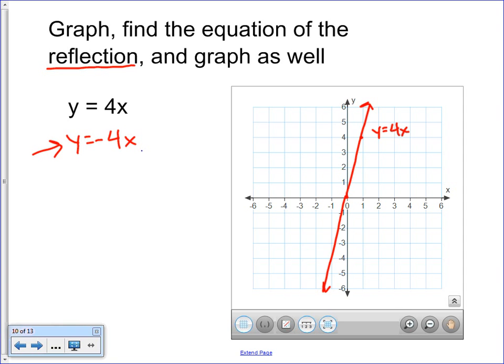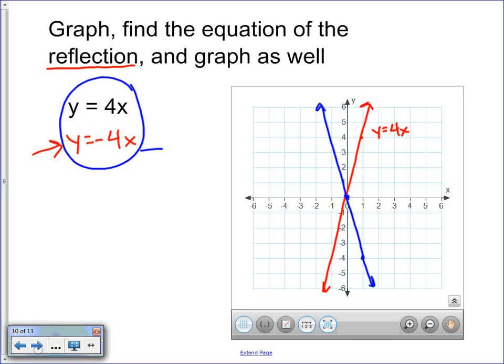Let's graph that one. Again, it has a y-intercept of 0. For a slope of negative 4, I'm going to go down 4 over 1. Just like that. And that's what's called a reflection. You notice how the only difference between these two is that one has a negative sign and one does not. So that's what's called a reflection.